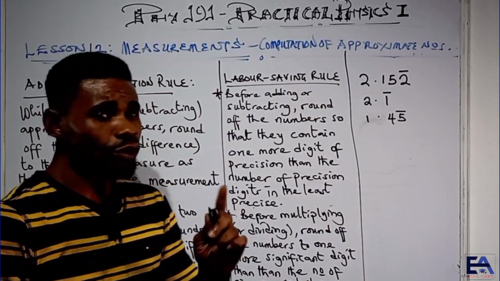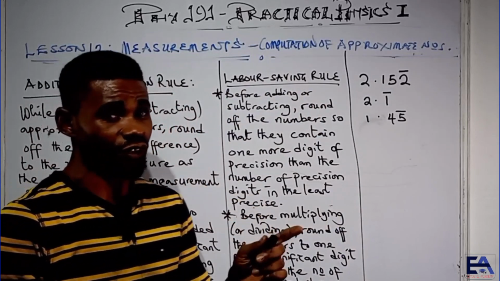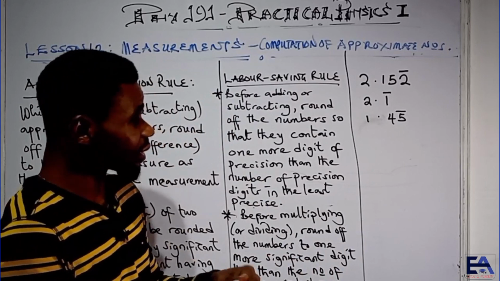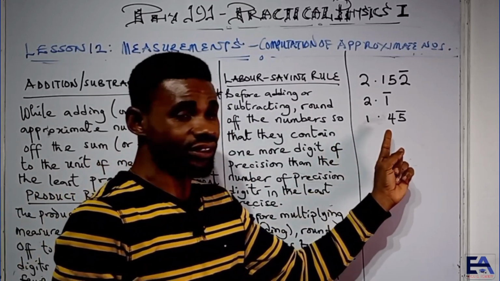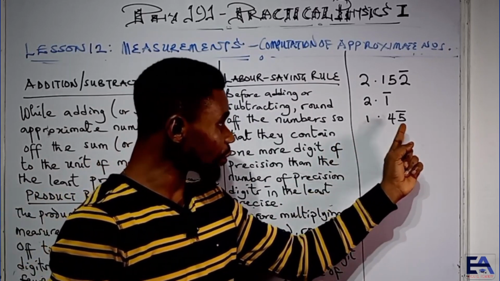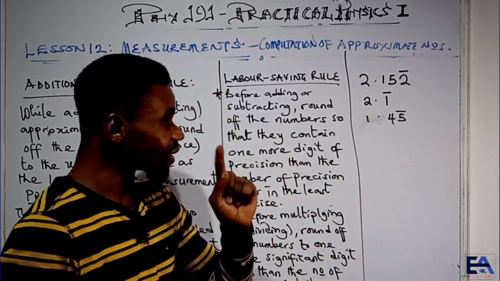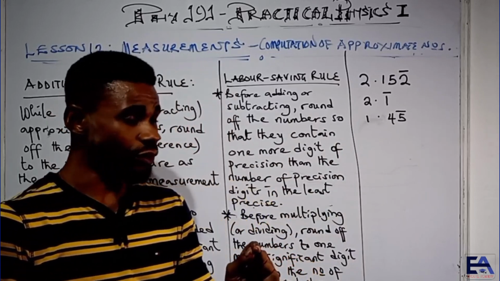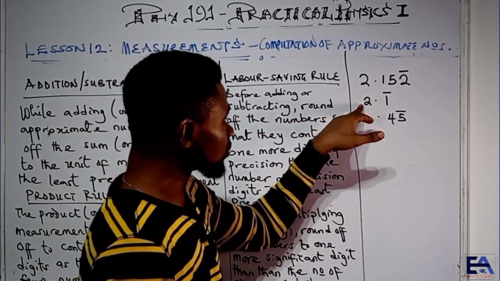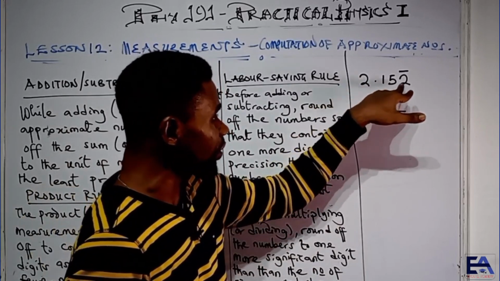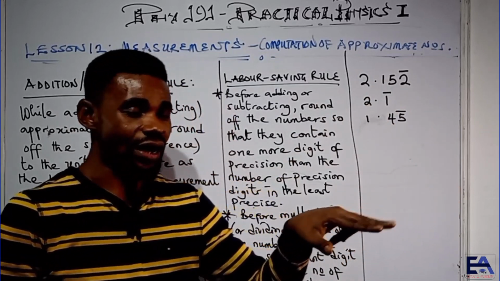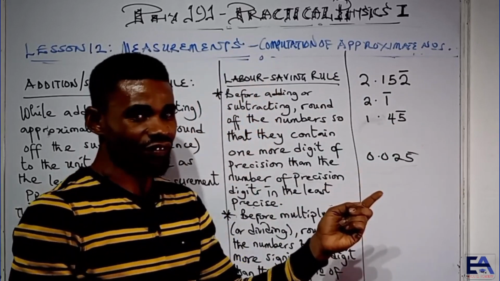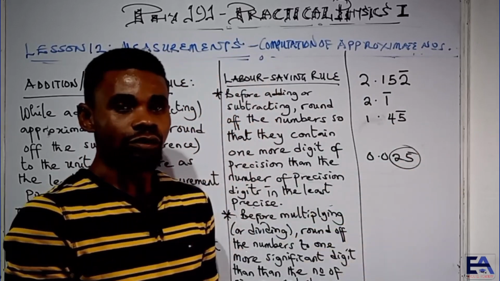All right? And then also take note of something. When you say significant digits, we are not really only specifying zeros. Look at this number here. It has 3 significant digits, right? 1, 2, 3. Because the rule says that every non-zero digit is significant. Remember that rule. This other one has 4 significant digits. But if I have 0.025, it has 2 significant digits, which is only 2 and 5.